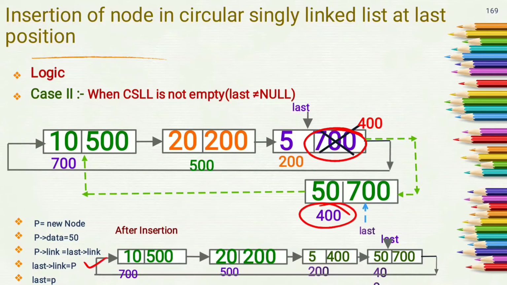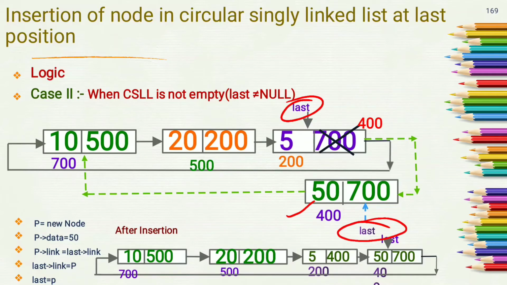Last arrow link equals to P, that means the address of this node will be stored in link part of this node. Now after insertion of this node will become the last node, so we have to update the last pointer with the address of this node. So we have to write last equals to P, that means now last is pointing to this node.